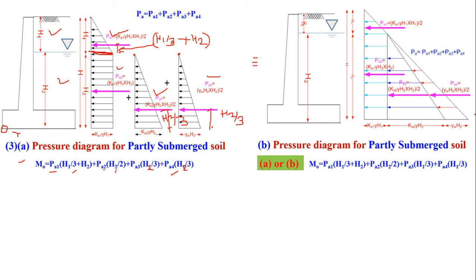If you want to find the values of PA1, PA2, PA3 and PA4, we cannot take them all together for the moment, because we don't know the exact position. So we need to find the moment for each separately, but we can find the resultant force as the addition of PA1, PA2, PA3 and PA4. In this type of case it is recommended to use this separate method, because it avoids complications in the calculations.